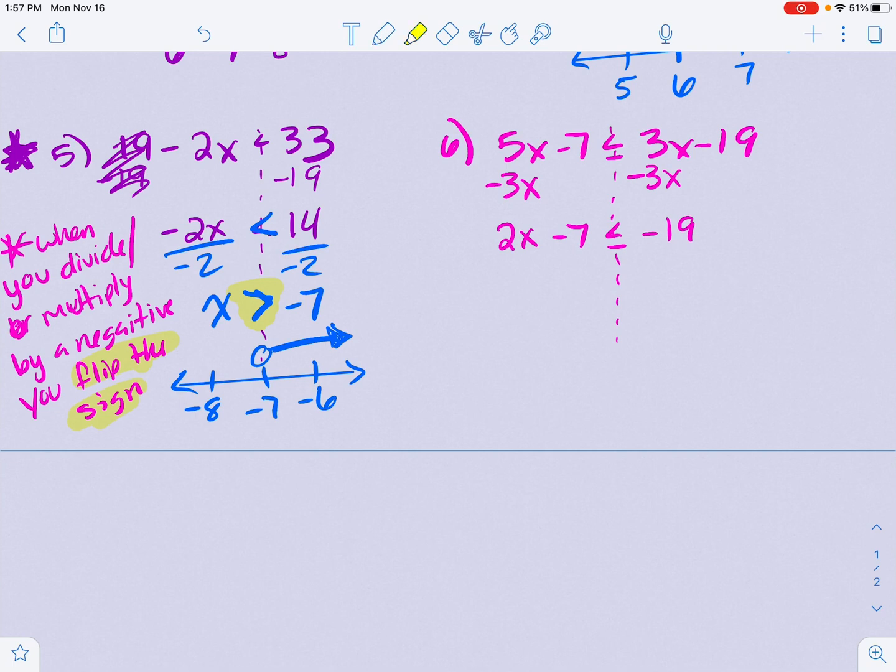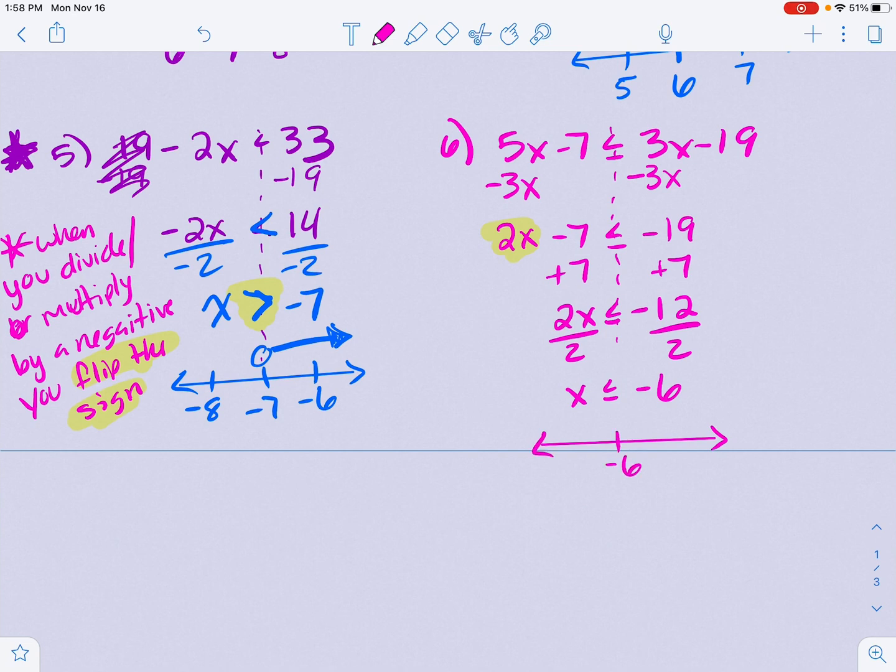And now I have a problem that looks like the problems before. I'm going to isolate that 2x, so I'm going to add 7 to both sides. Okay, and then we're going to divide. Now, I'm dividing by a positive number, so I don't have to do anything with my sign. And then we're going to put it on a number line.